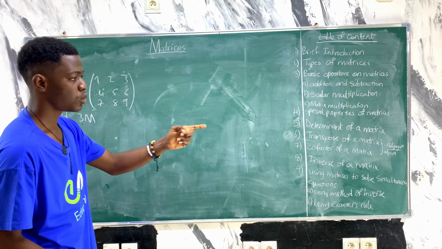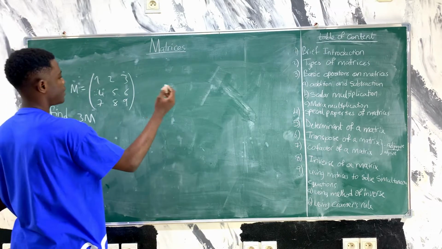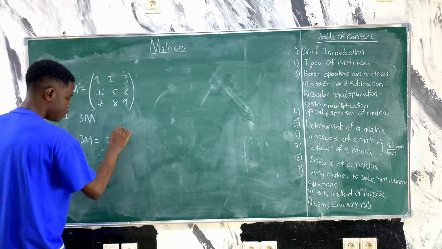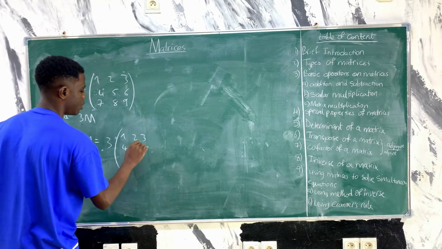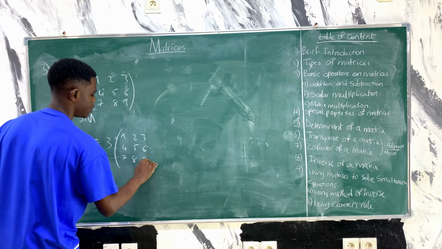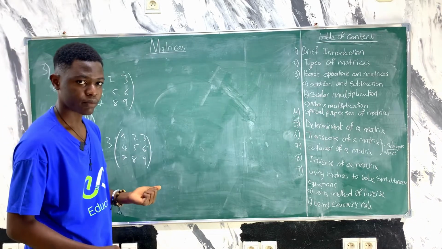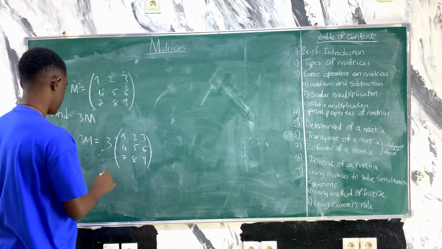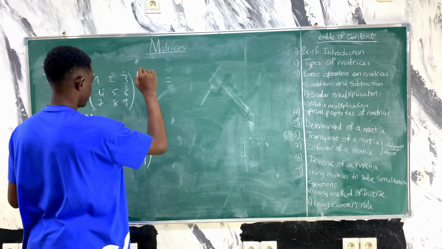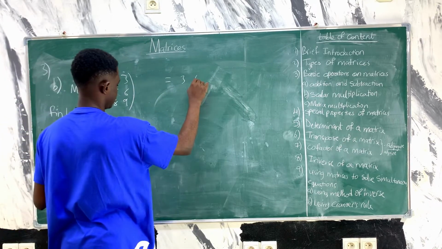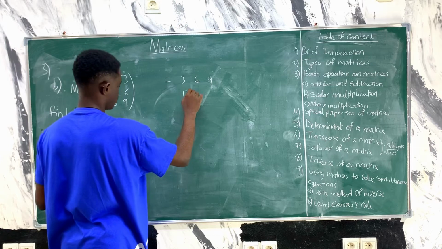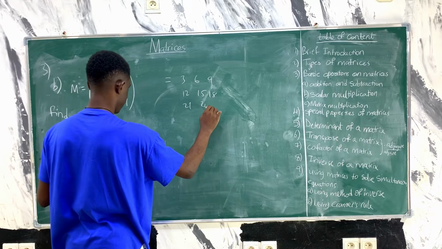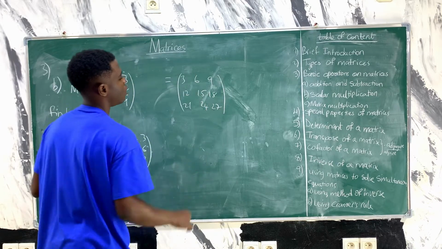So how do you find 3M? I think you guessed right. You just do 3 into 1, 2, 3, 4, 5, 6, 7, 8, 9. It means you're multiplying everything by 3. When you multiply everything by 3, you get 3, 6, 9, 12, 15, 18, 21, 24, 27.